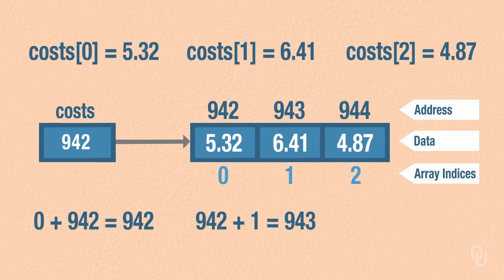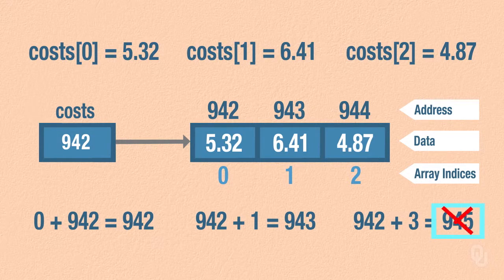If we try to use the index 3 for this array, we get 942 plus 3 equals 945. Address 945 is not part of the array, so we have a problem. This problem is called the array index out of bounds exception. This is a very common mistake for beginners to make.